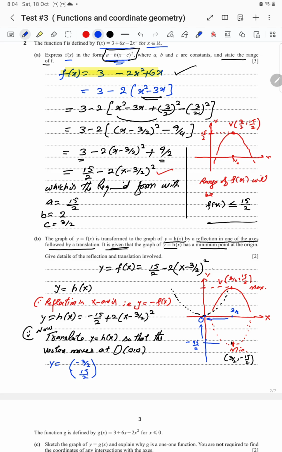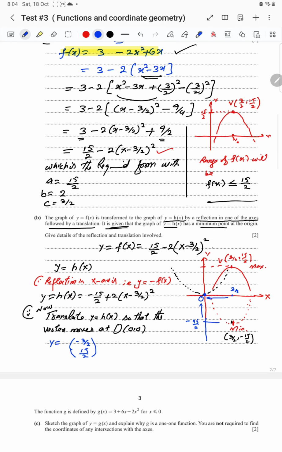That's why we say that the translation will be minus 3 by 2, because you need to switch this dotted minimum point to the origin. I hope it is clear. It's a bit tricky, but an interesting question.